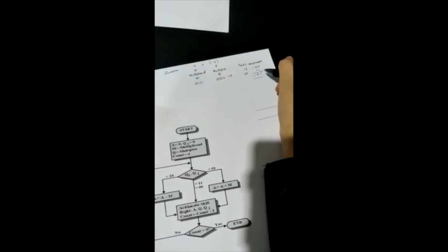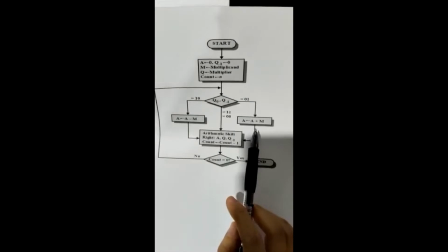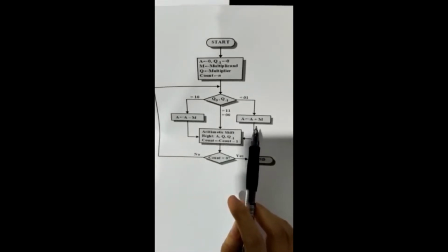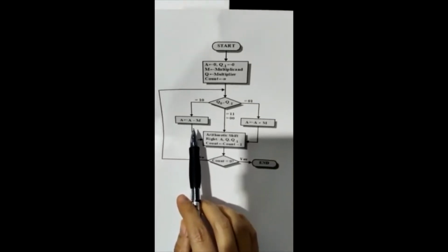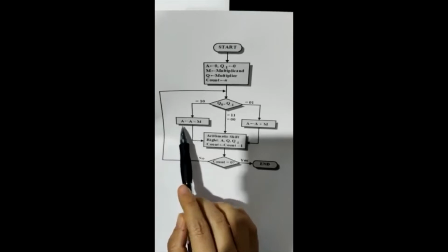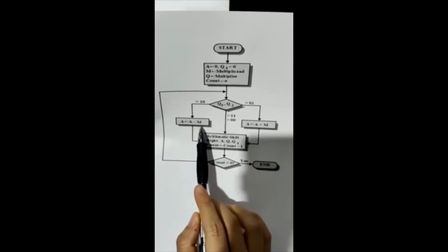Inside this flowchart, you can see that we have the addition operation and also the subtraction operation. In the subtraction operation, this is the minuend and this is the subtrahend.